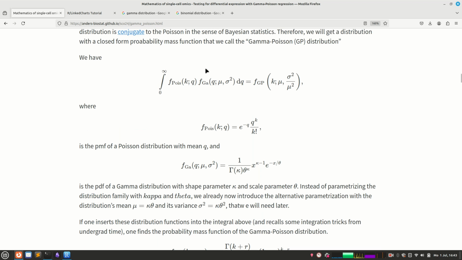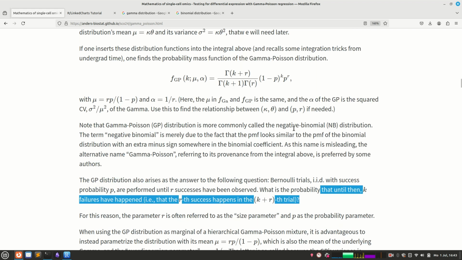And if you do that, then you actually find the gamma Poisson distribution comes out of the integral, taking over the mean of the gamma and the variance of the gamma.